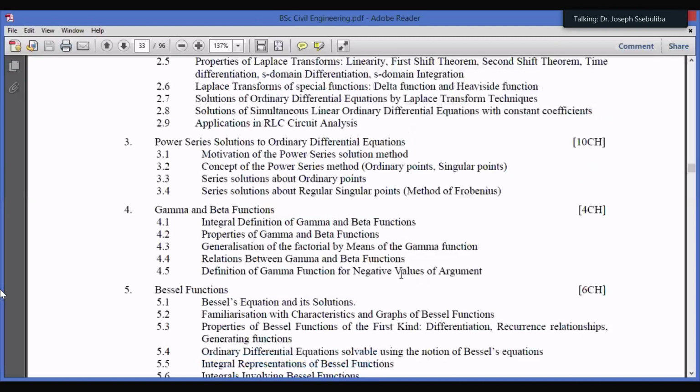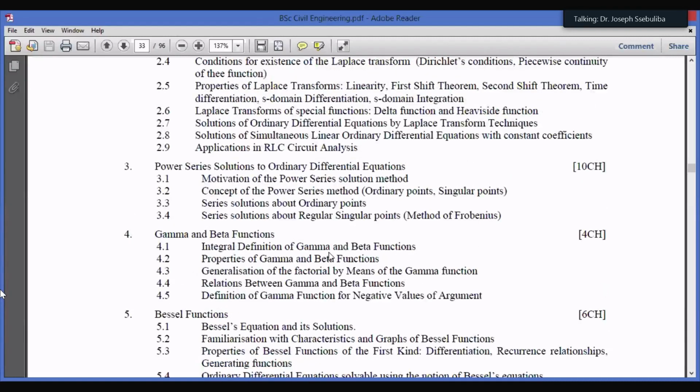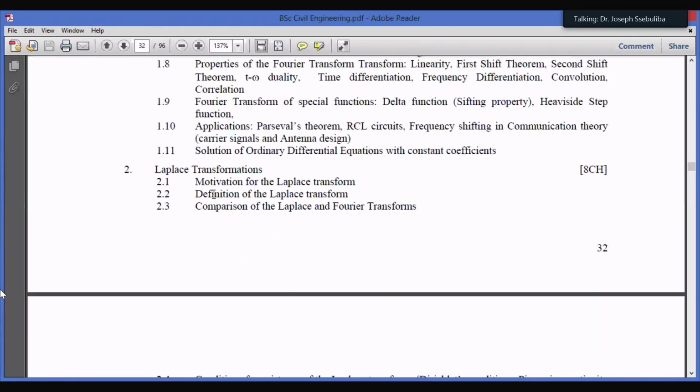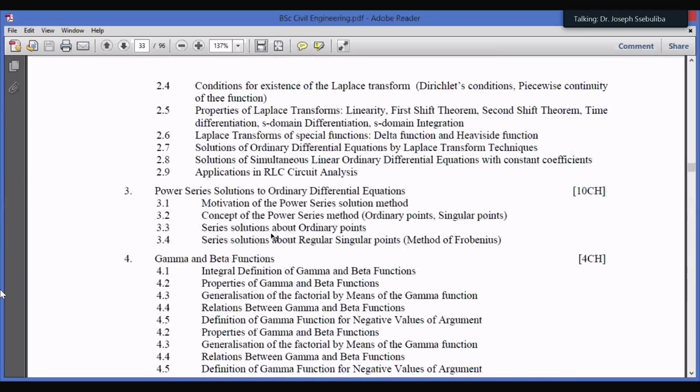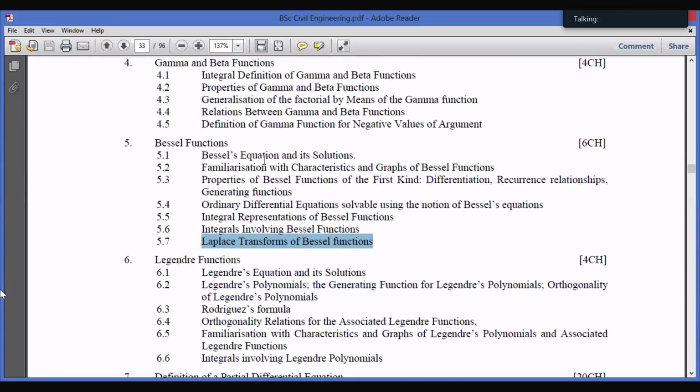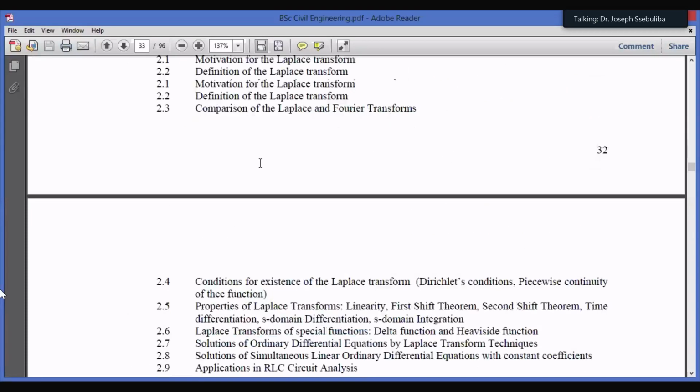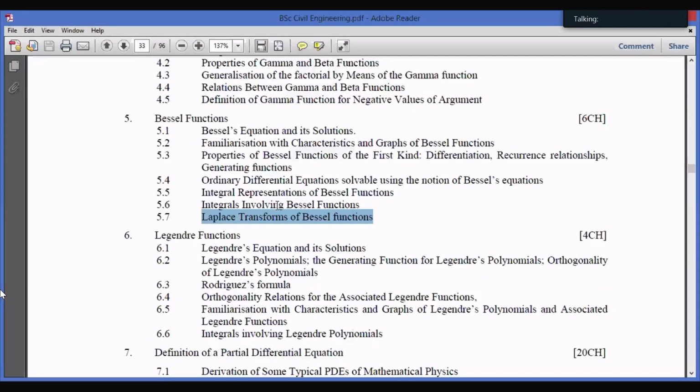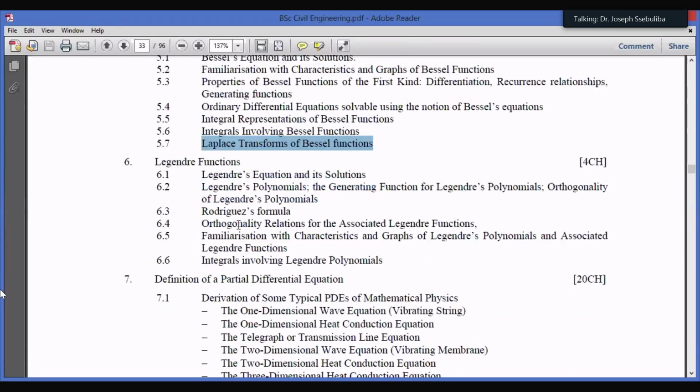Remember, we have Laplace in chapter 2 here, or the second topic. So it means that as we go through this, you make sure you don't forget. Otherwise, we have to do this in association with what will have been covered earlier.